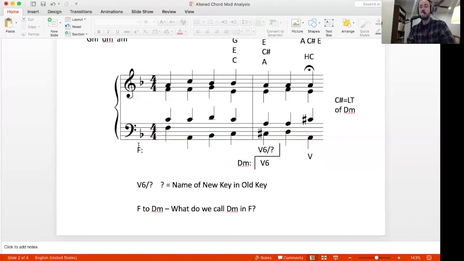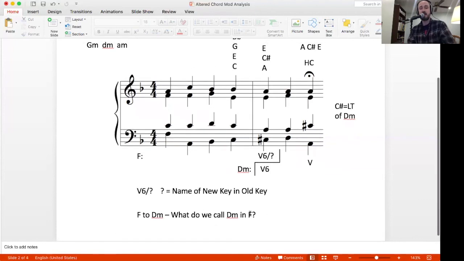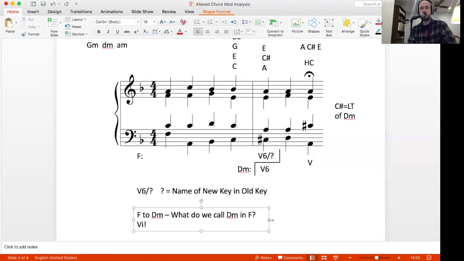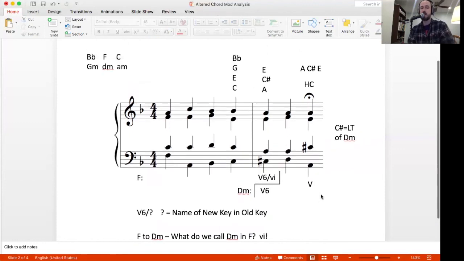In F major, what do we call a D minor chord? We call it 6, right? Let me add that on here. I'm just going to write 6, exclamation point, because why not, right? But it's minor, right? We call it 6. So we're going to call this 5/6 of 6, because that's the name we give to the new key, D minor, in the old key, F.